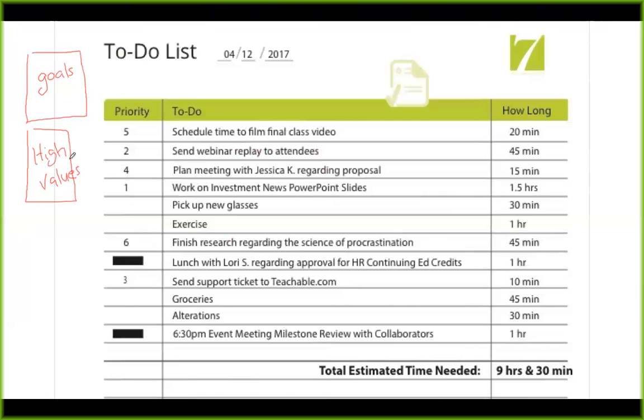Let's just take a look at what my to-do list actually looked like on this day and how I'm going to transfer these to-dos into a priority list. I'm going to mark down how long they take, and I'm actually going to move them over to the 15-minute increment worksheet.